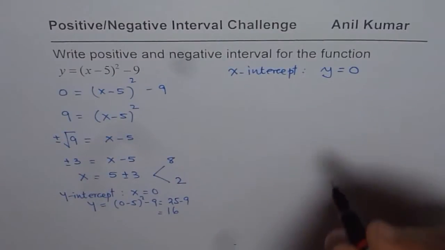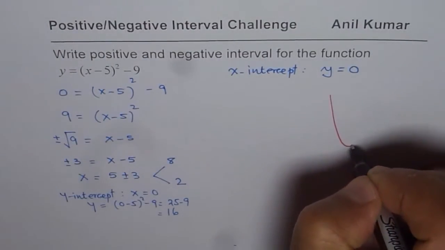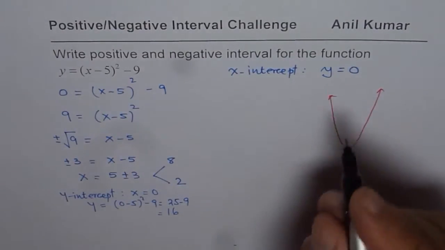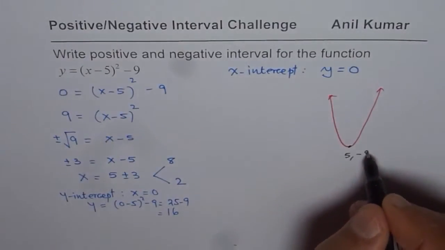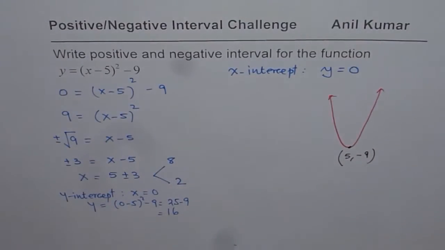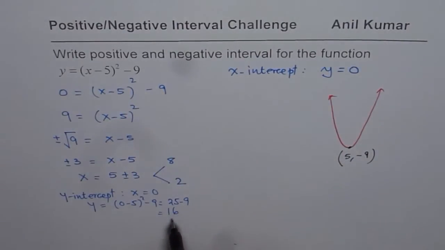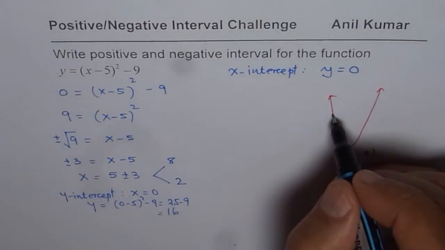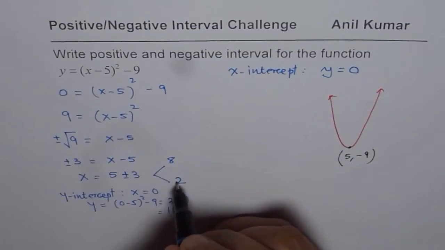So let me sketch the graph now. I'm just making a very rough sketch. This is my parabola, which has a vertex here at 5 and minus 9, correct? And as far as the axis is concerned, the y-intercept is at 16, right? So positive 16 somewhere there, and the x-intercepts are at 2 and 8.